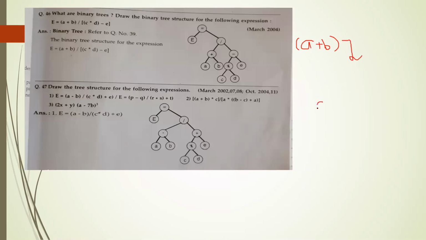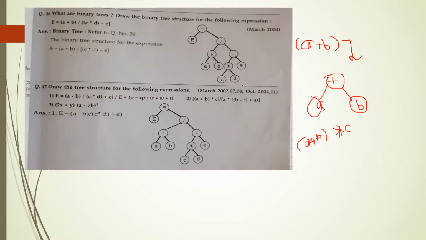So first node is A. Operation between them is addition, and B. Suppose consider next example, A plus B into C.